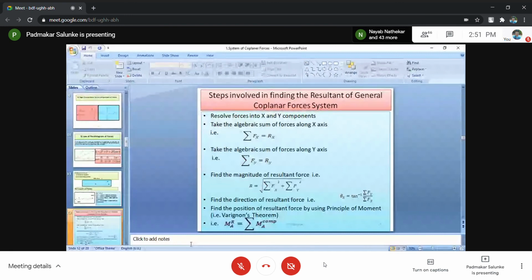If I consider one common point, for example, the name of that common point is A, Varignon's theorem says that the algebraic sum of moments of all component forces about any point is always equal to the moment of their resultant about the same point.